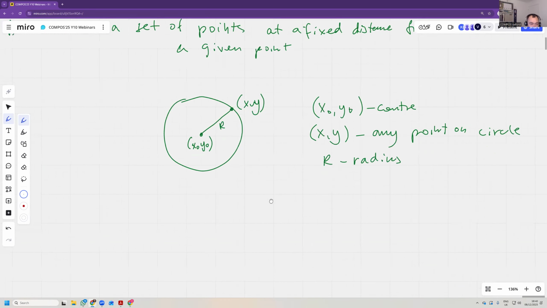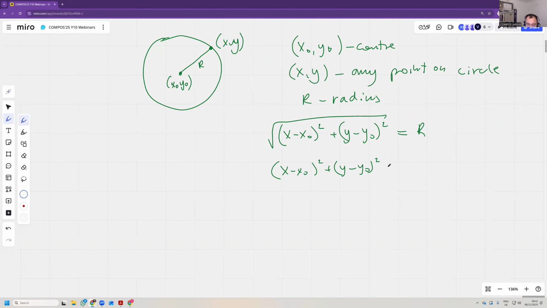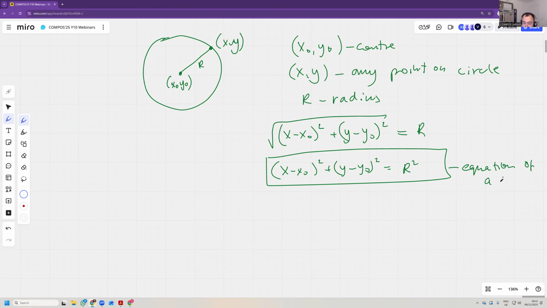Then we know that the distance is always the radius, always fixed. So we can say that the square root of (x minus x0) squared plus (y minus y0) squared must equal the radius of the circle. In other words, (x minus x0) squared plus (y minus y0) squared equals r squared. That's the equation of a circle with center (x0, y0) and radius r.